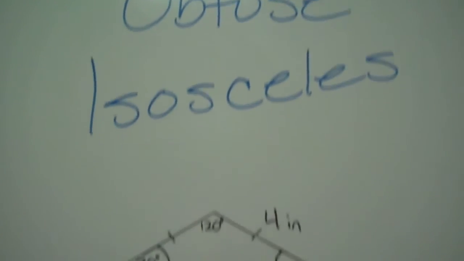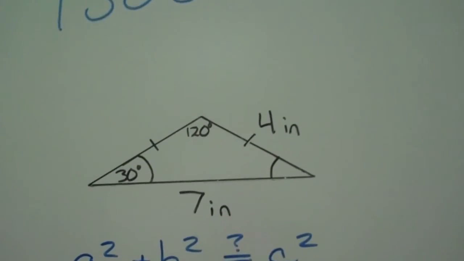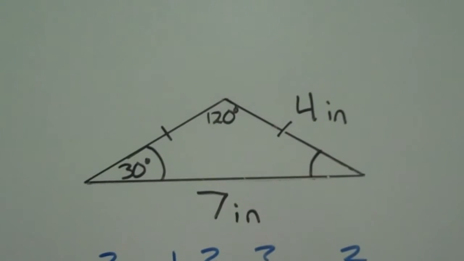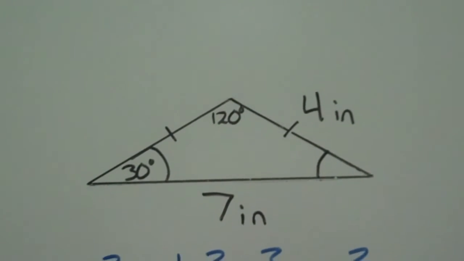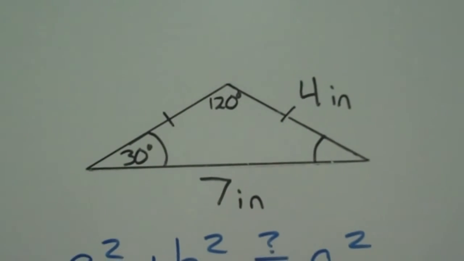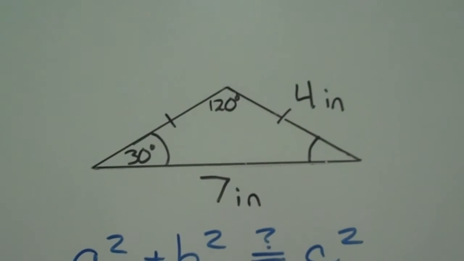For this obtuse isosceles triangle, its angle measurements are 30, 30, and 120 degrees, and its side lengths are 4, 4, and 7 inches.